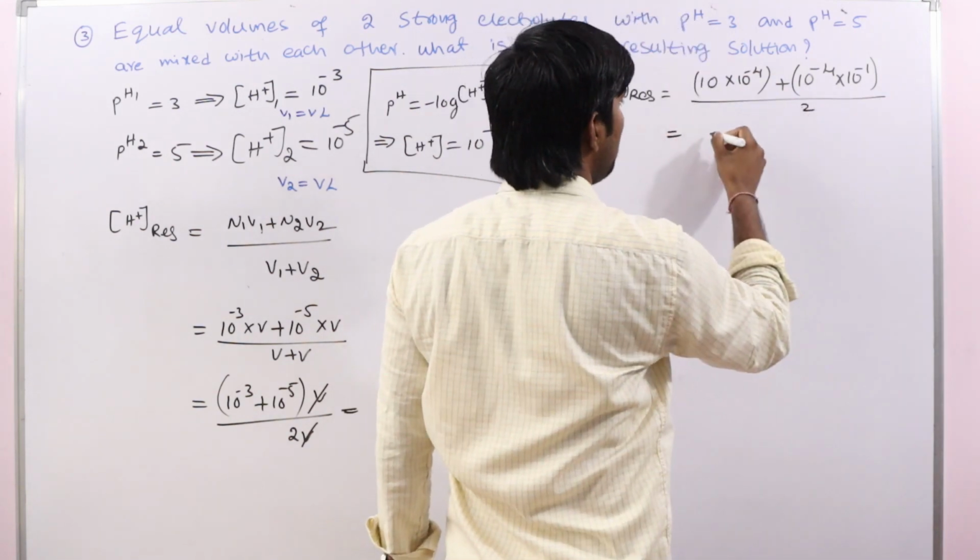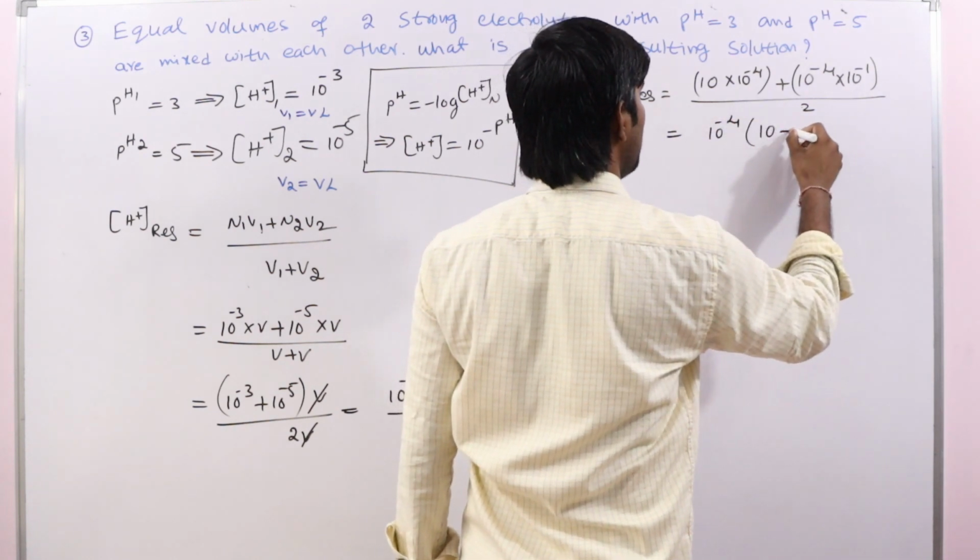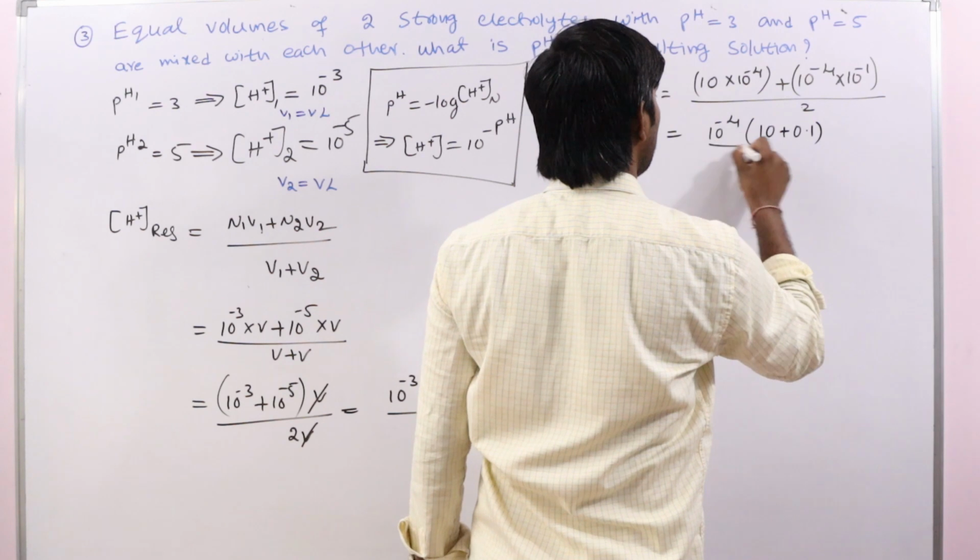So here 10 power minus 4, take it out, then we get 10 plus 0.1 by 2.